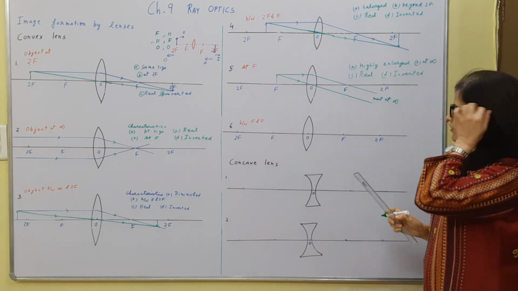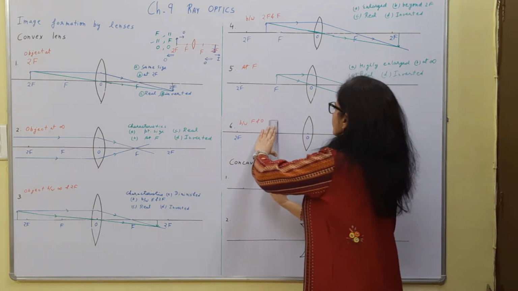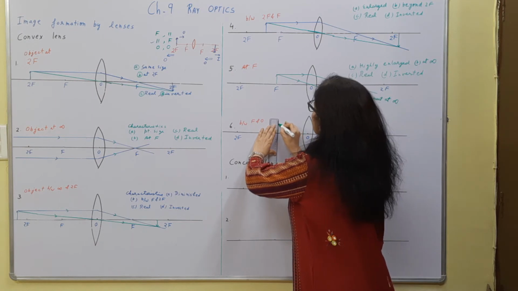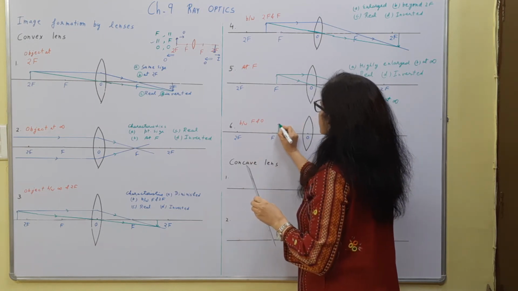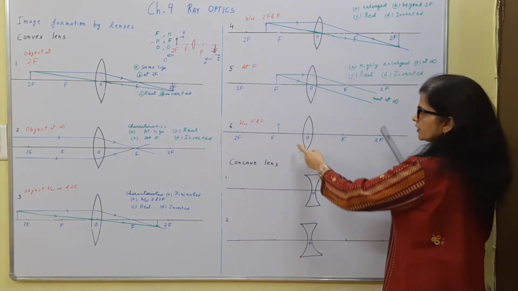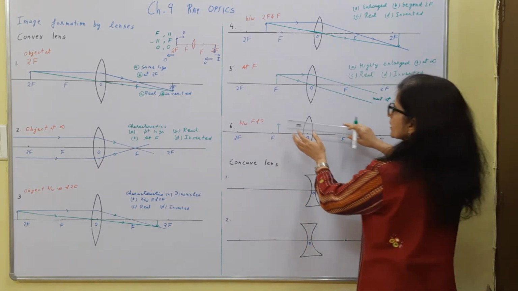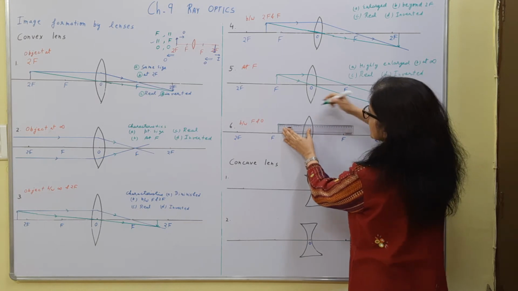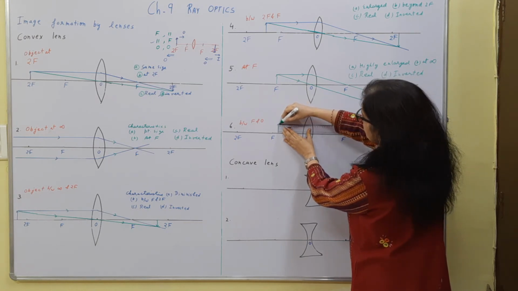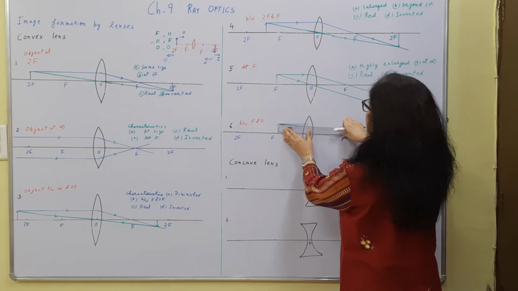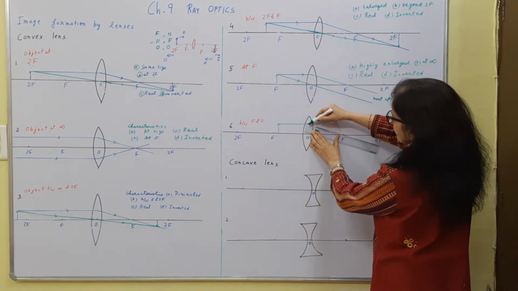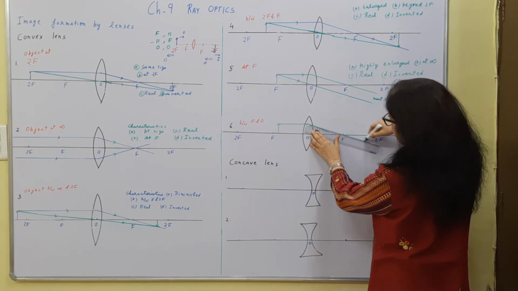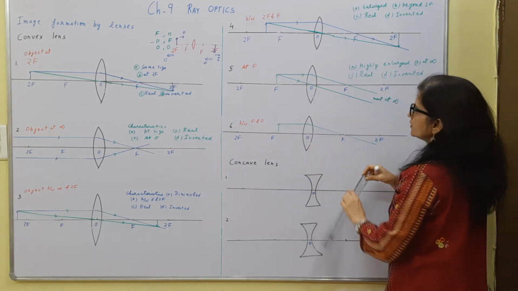Right? Then we can draw this sixth case. The object between focus, this is your focus, this is the object. The object is between focus and optical center. So again the first ray which we are taking is parallel to the principal axis. So this will pass through focus after refraction.